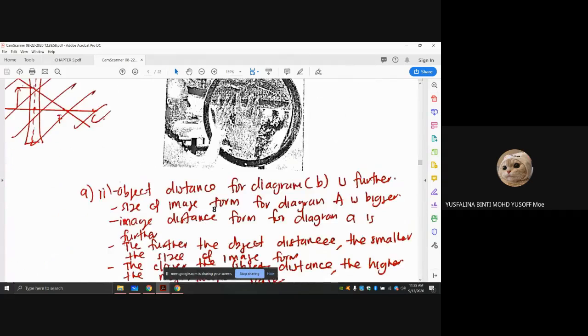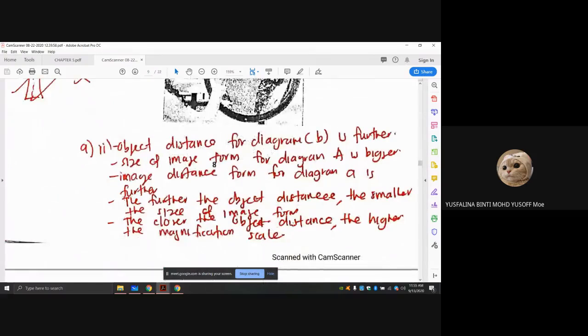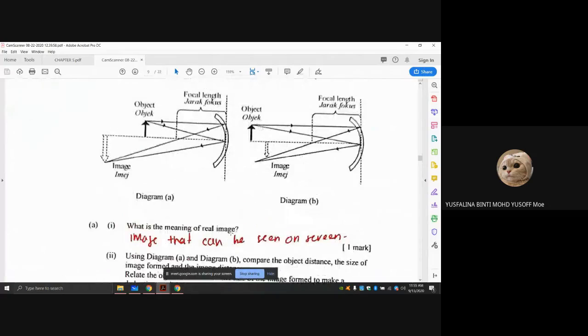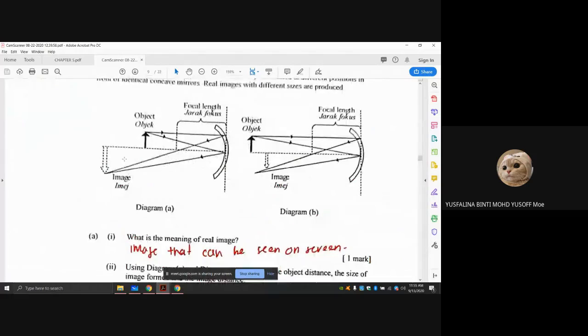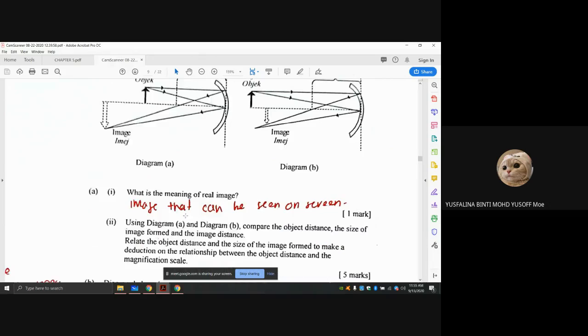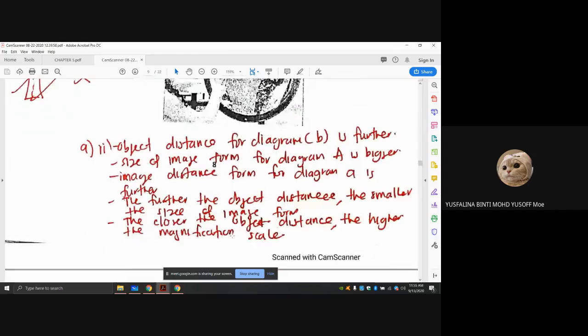The closer the object distance, the higher the magnification scale, meaning the image formed will be bigger. The closer the object to the lens, you can see the image becomes bigger, so the magnification scale becomes bigger.